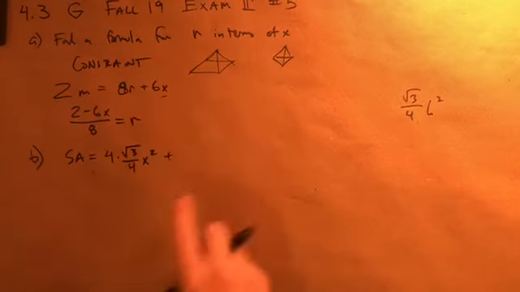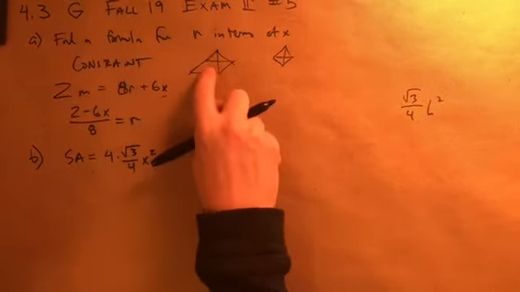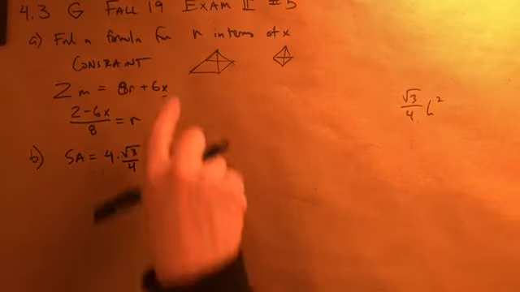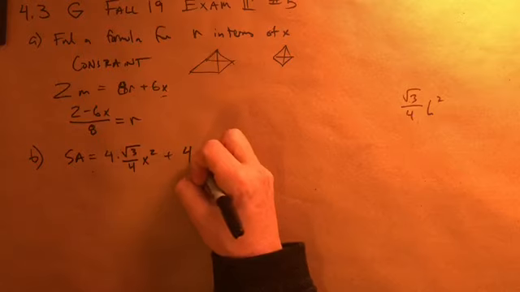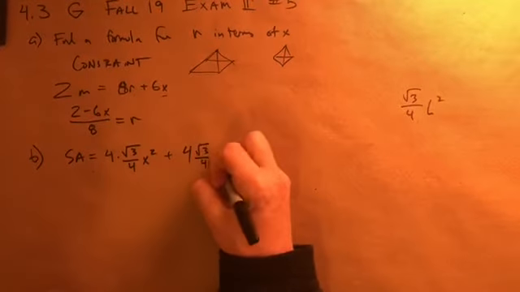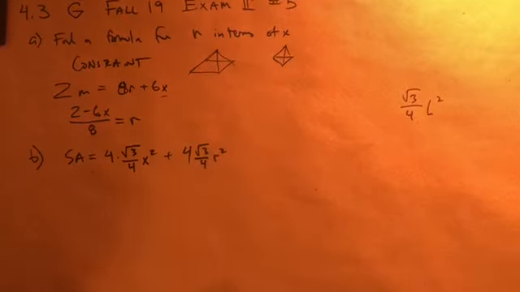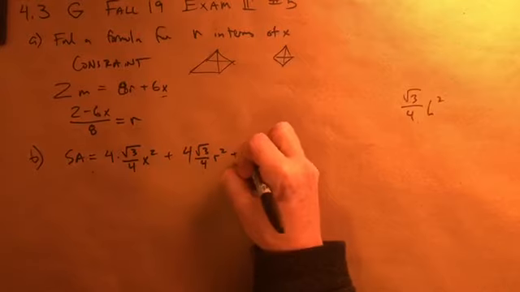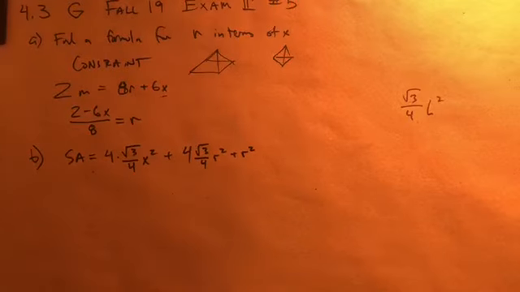On our other pyramid, I'm still going to have 4 triangles, 1 on each side, so 4 times root 3/4 r squared. But now we have one additional piece, and that's the square base, plus r squared.